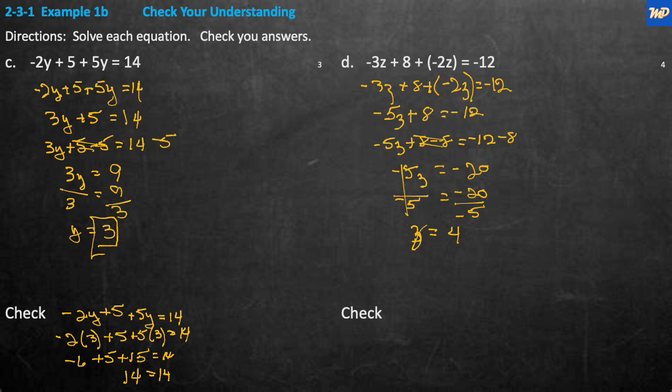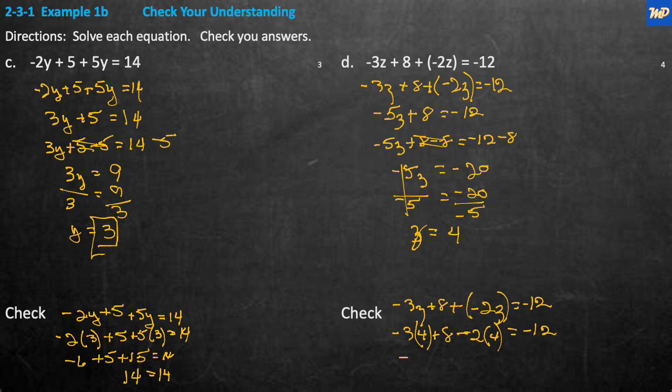Now let's check it. Negative 3z plus 8 plus a negative 2z is equal to negative 12. Substitute. Negative 3 times 4 is negative 12, plus 8, plus a negative 2 times 4, which is negative 8.